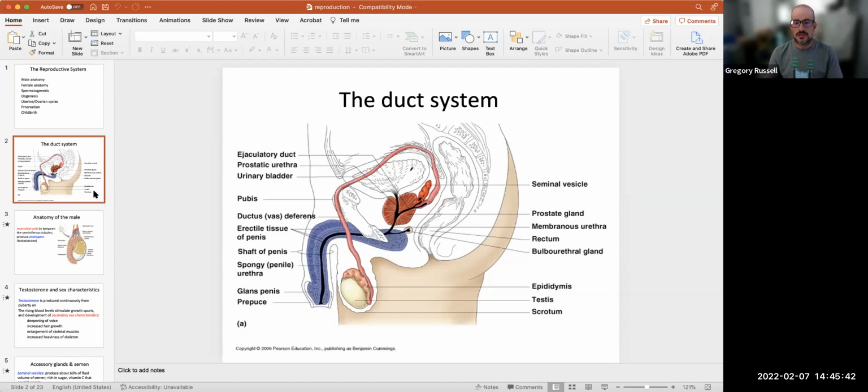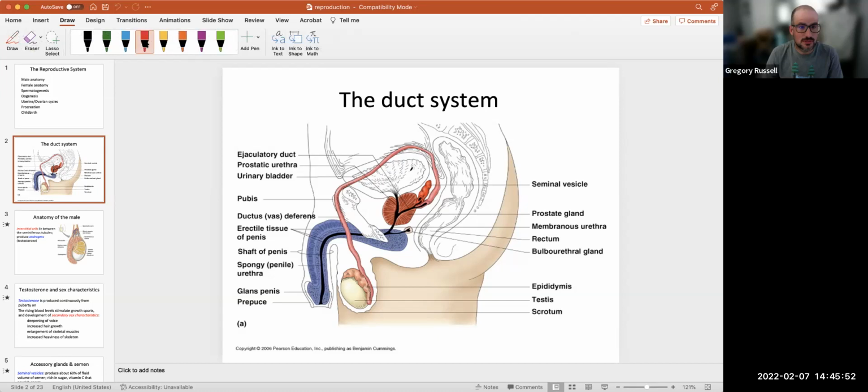So we're going to go ahead and start with the male reproductive system that we see right here. And we're going to start with the gonad, the testes. We'll take a closer look inside of the testes in just a couple of moments, but suffice it to say for right now, this is where sperm are being made.